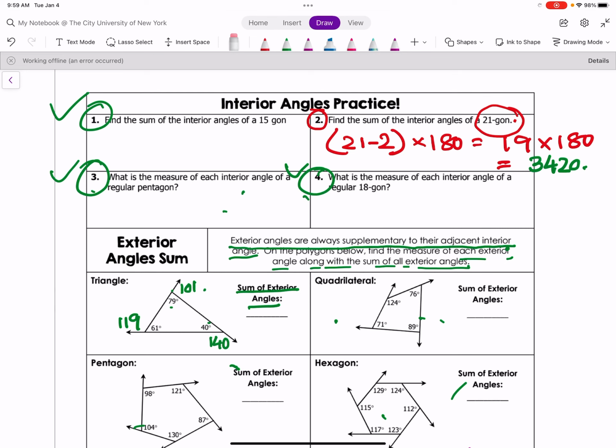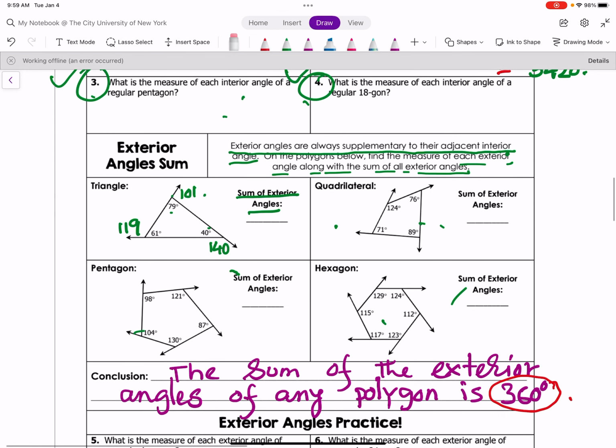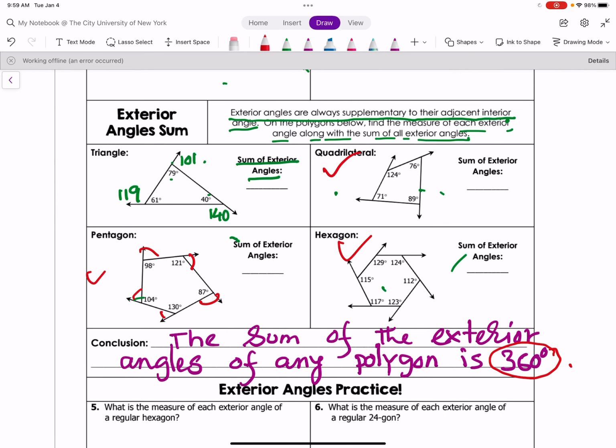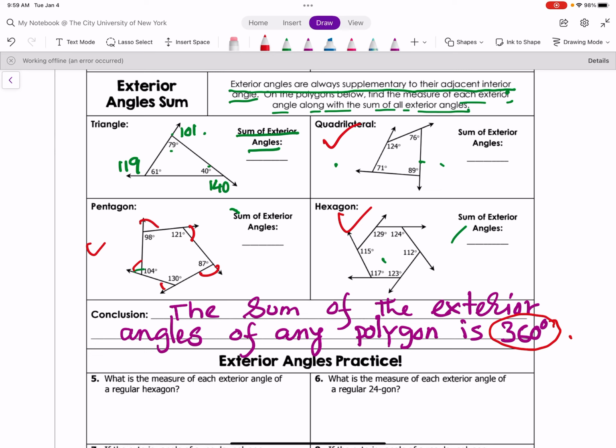So now I want all of you to check this for all these quadrilaterals. Get all these exterior angles and add them. You will see that whatever it is, the sum will always be 360 degrees. So you can conclude that the sum of the exterior angles of any polygon is 360 degrees. That's basically the theorem.